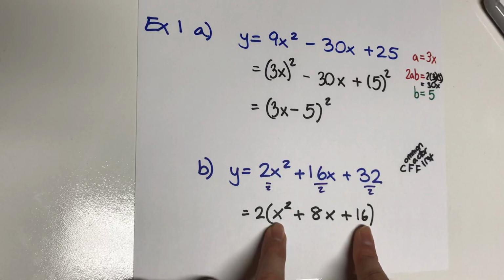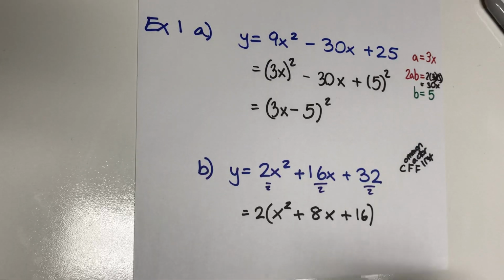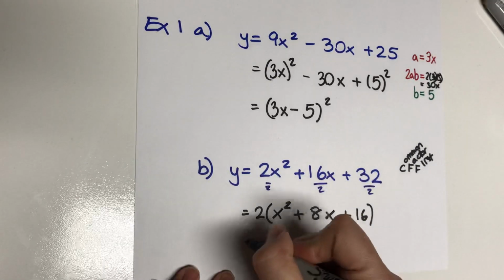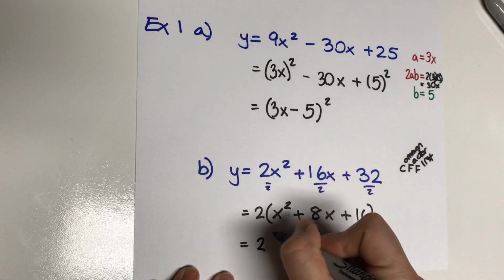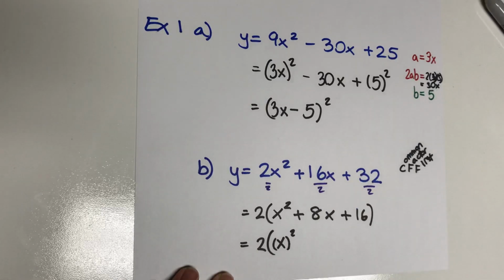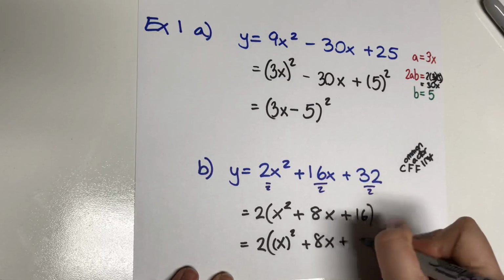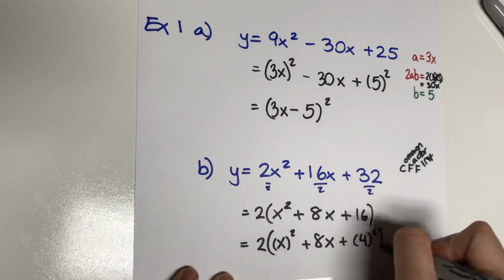Now when I see this trinomial, I notice, all right, I have a perfect square here, and I have a perfect square here. So that means I'm going to write it as a power. So I have 2, and then x squared is already written like that, plus 8x, and then 16 written as a power is 4 squared.